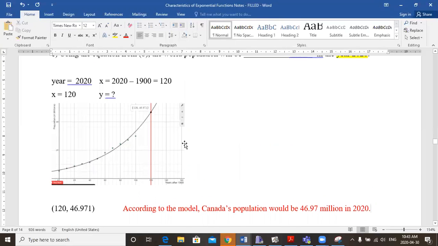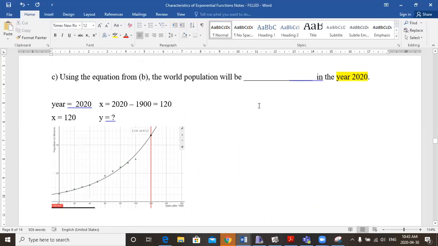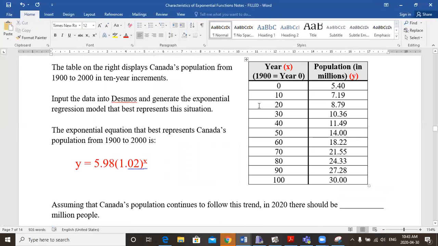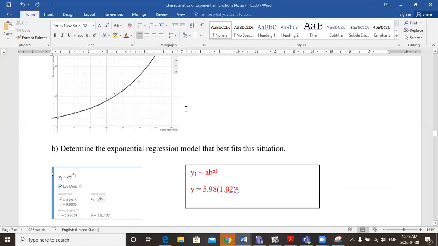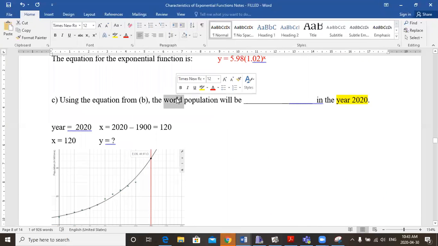So we just used our regression model to solve a question, estimating what the world population would be in the year 2020. And not the world, but Canada. Whoops, that is a big typo, sorry.